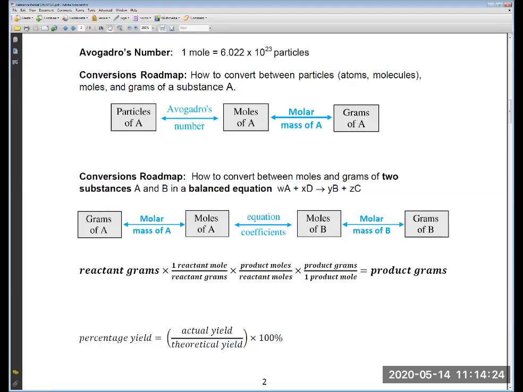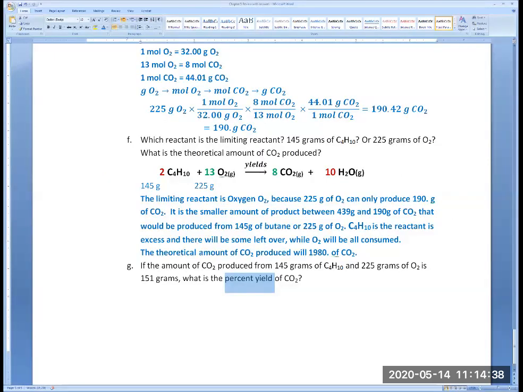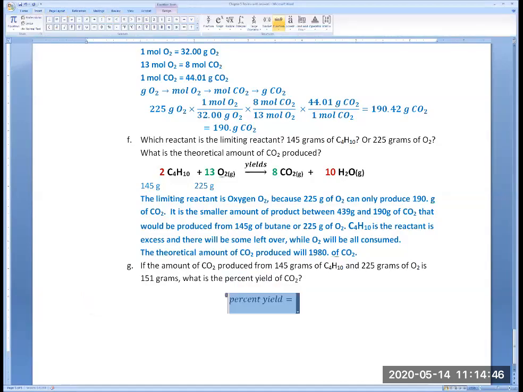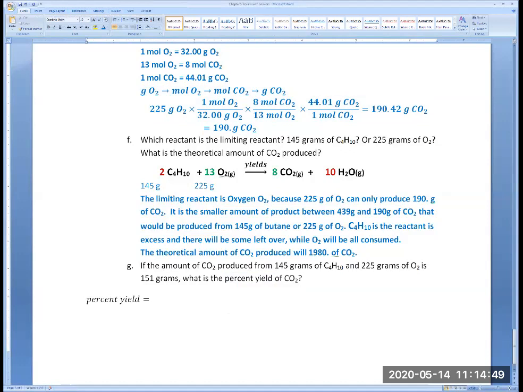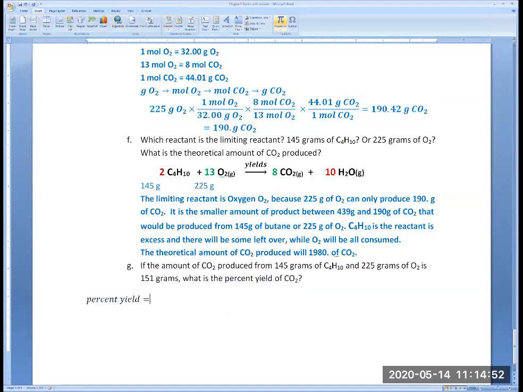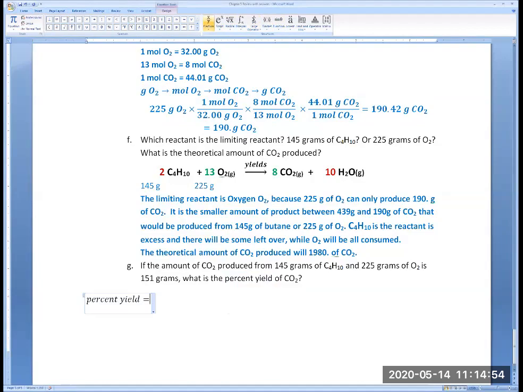I cannot copy that. So let's remember this: actual yield over theoretical yield times 100. So percent yield is equal to, and I'd better use the equation here. Okay, we said it's actual yield over theoretical yield.